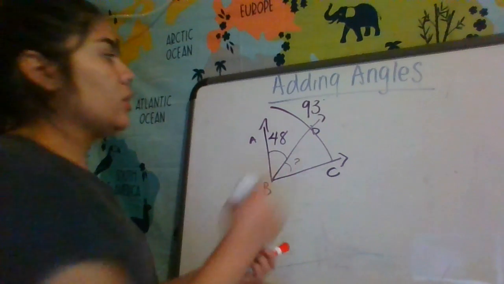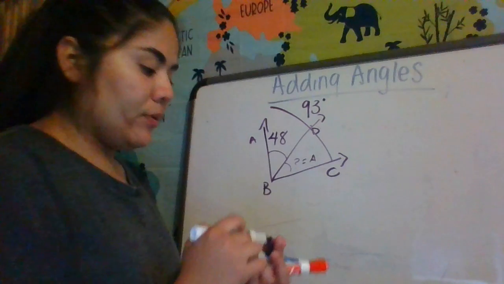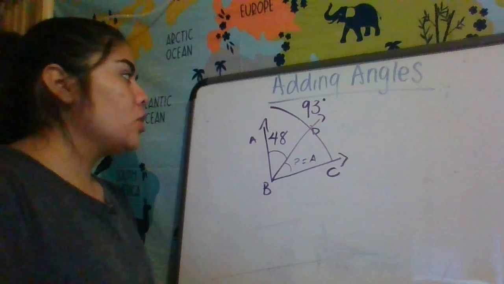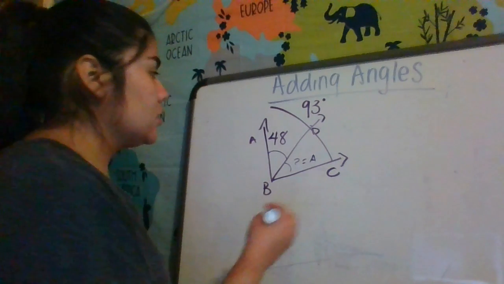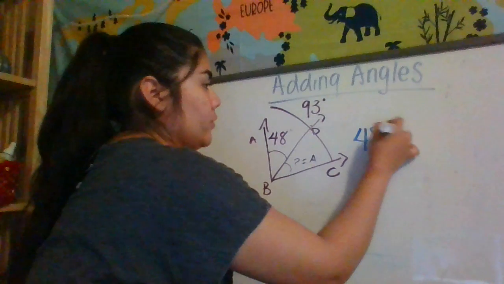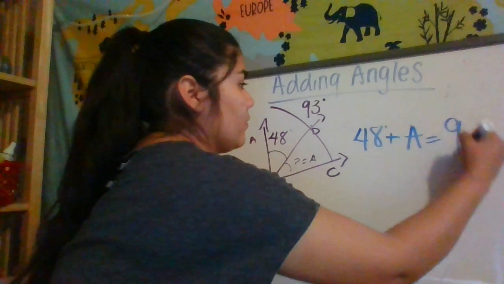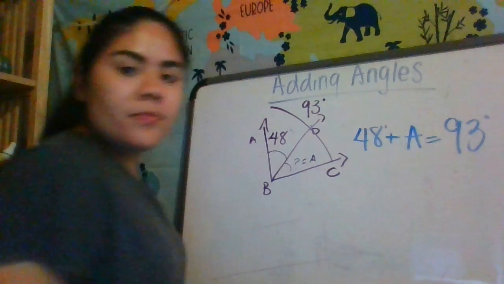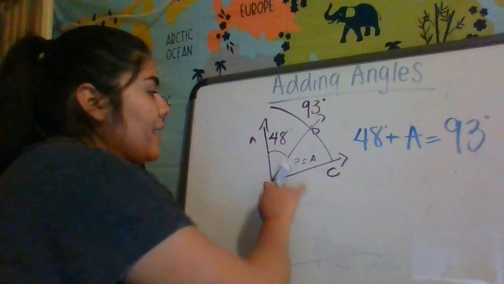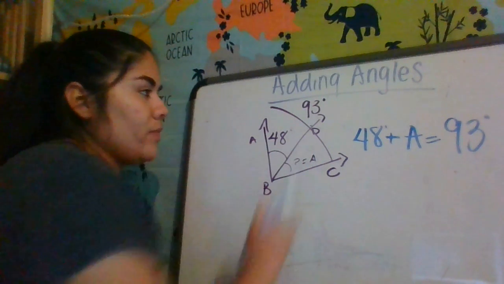Remember, we're trying to find this angle and they call it A. Now, if you want to write an equation for it so that you understand, you might do it like this. We know that 48 degrees plus A is going to equal 93. We know that these two angles, when we add them together, are going to be equal to this, right? So 48 plus A equals 93.